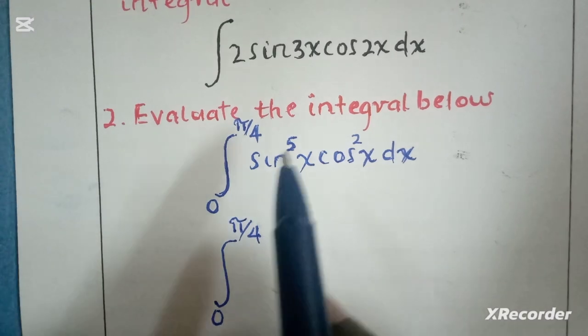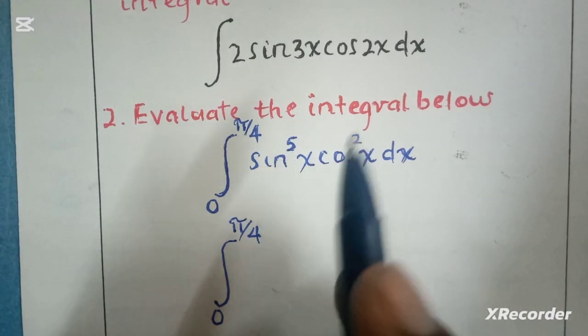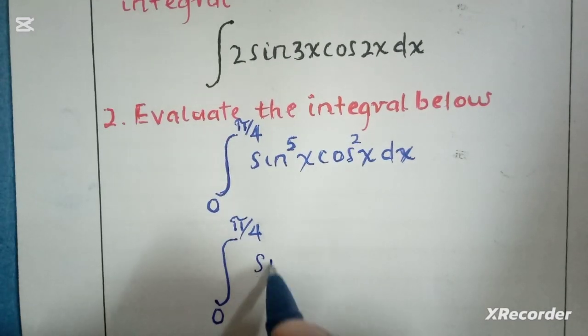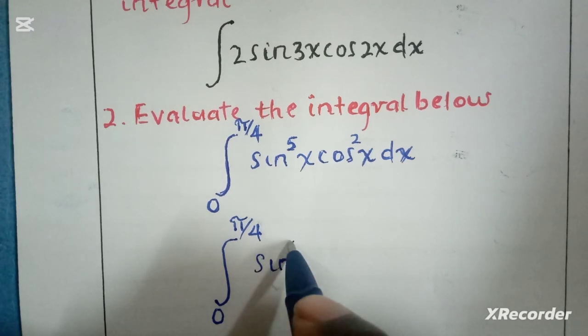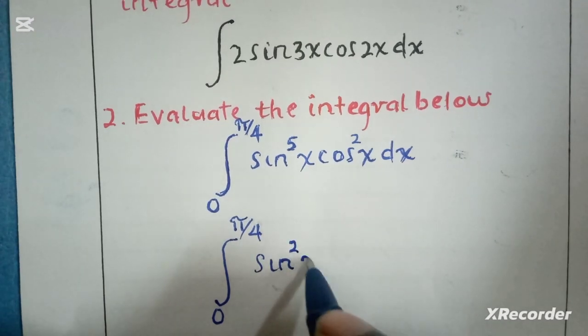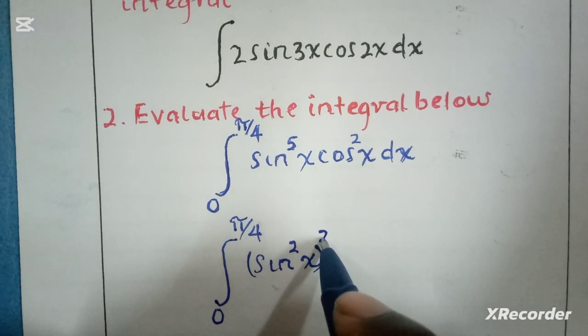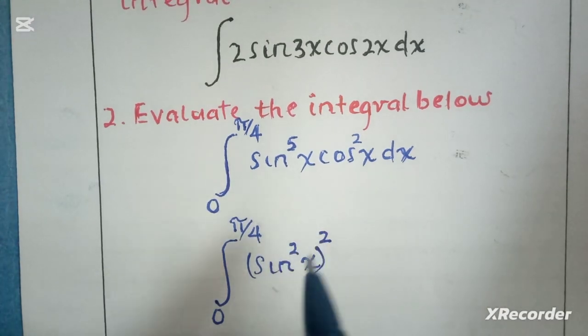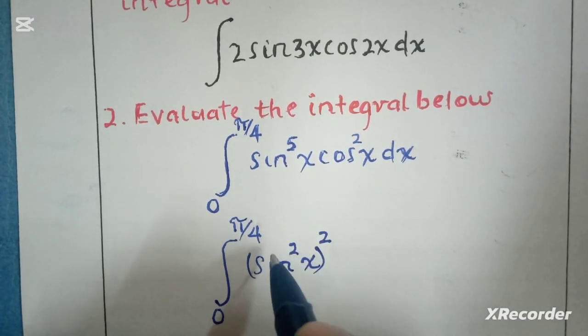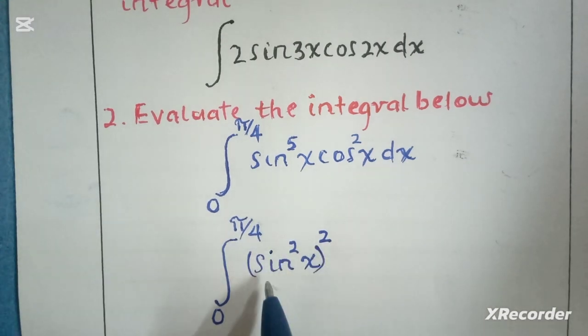Then instead of writing sine raised to 5, let me write like this guys, sine squared x, like that, and then I square it. Maybe somebody might be asking what is happening here. Guys, it is because we can now convert this sine squared x into cos.